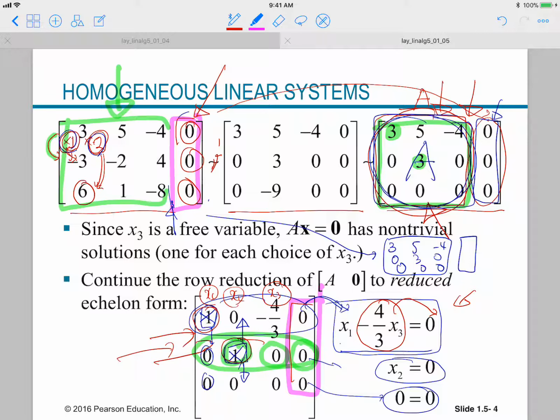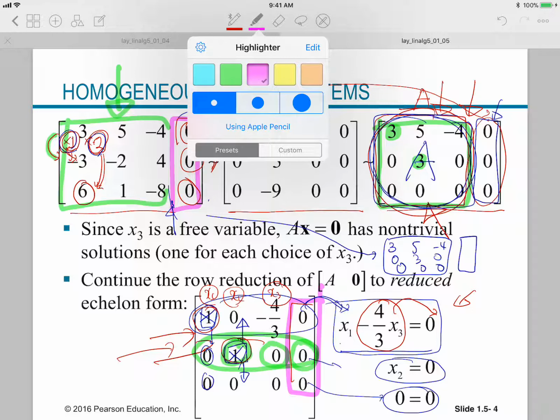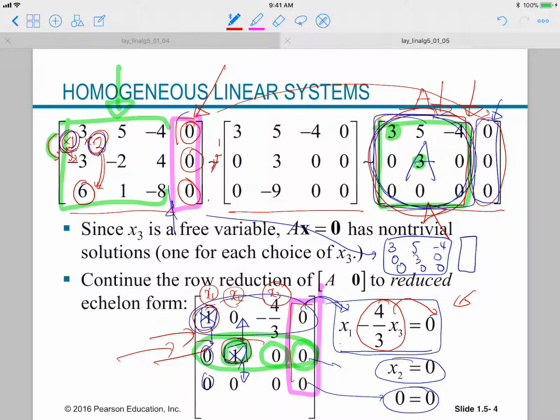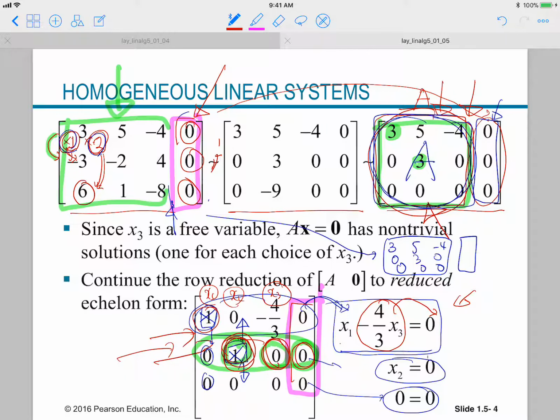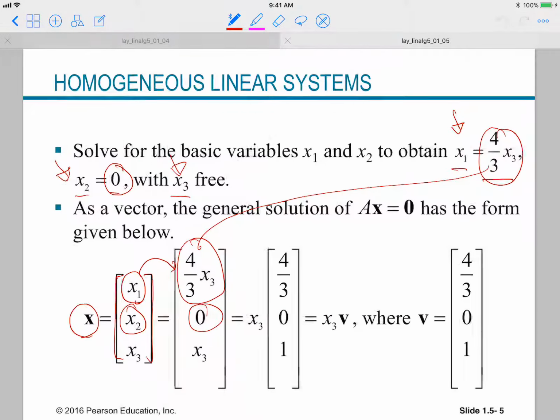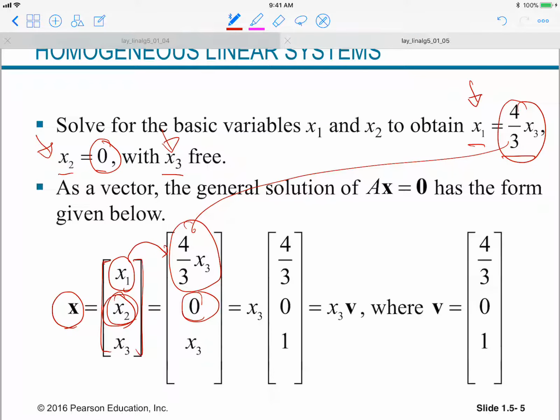Okay, and then back to this guy. x2 didn't have any free variable or any constant value. In other words, it has a 0 constant value, and thus x2 is 0. So x2 can be represented as 0, and then what about x3?